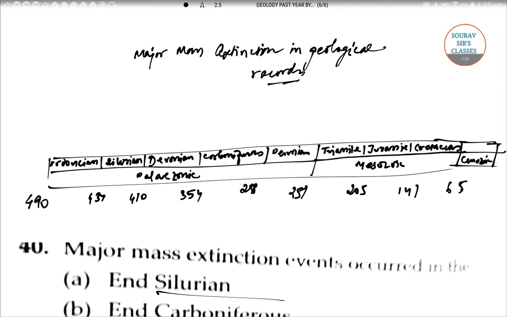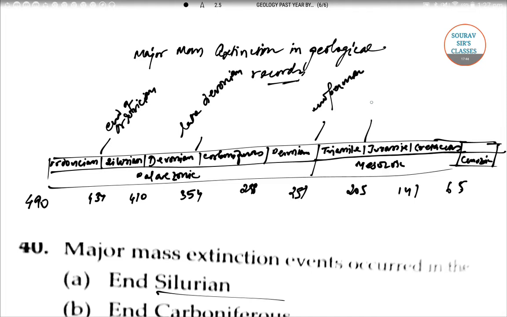So this is the end of Ordovician, late Devonian, end Permian, end Triassic, this is K/T.